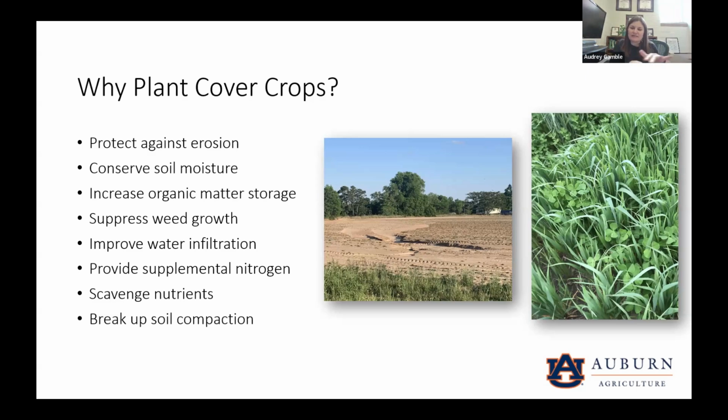And because of that, they last on the soil surface for a very long time. And that helps us to suppress weeds and conserve soil moisture. If we're talking about providing supplemental nitrogen, then we'd want to plant a legume cover crop in order to have that association of the plant with bacteria that fix nitrogen from the atmosphere, and then add to the soil nitrogen pool and hopefully provide a benefit to the subsequent crop that you're growing in terms of nitrogen.